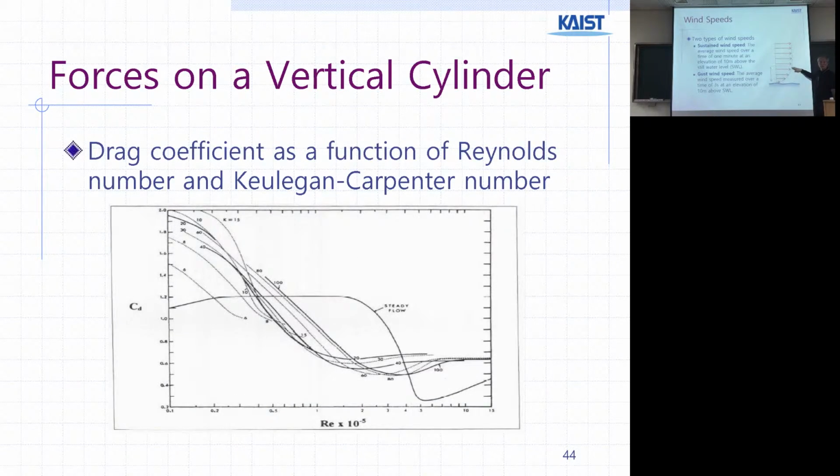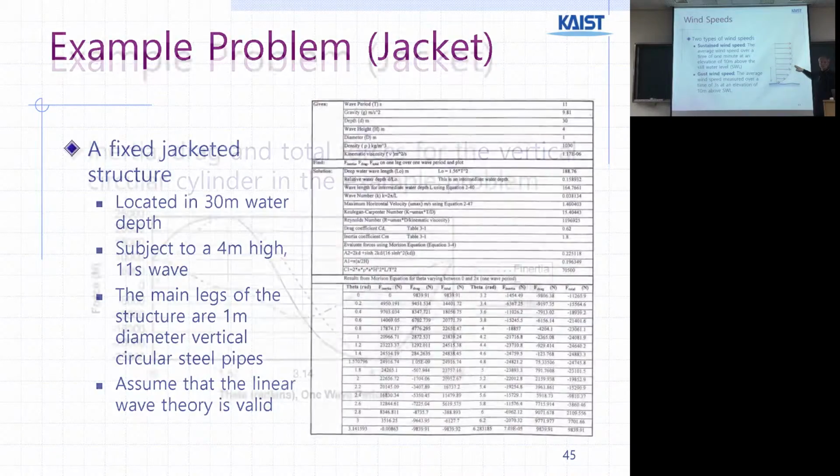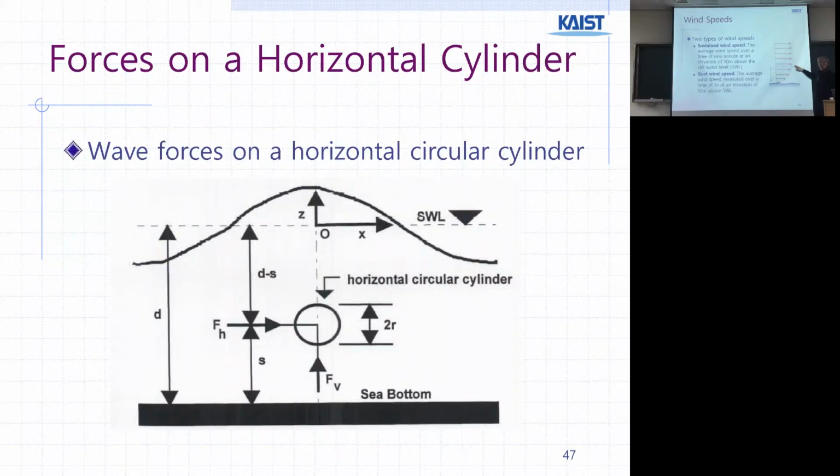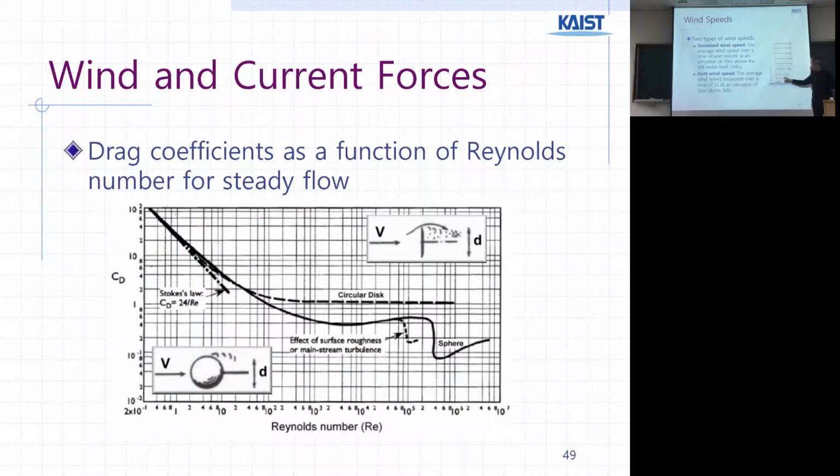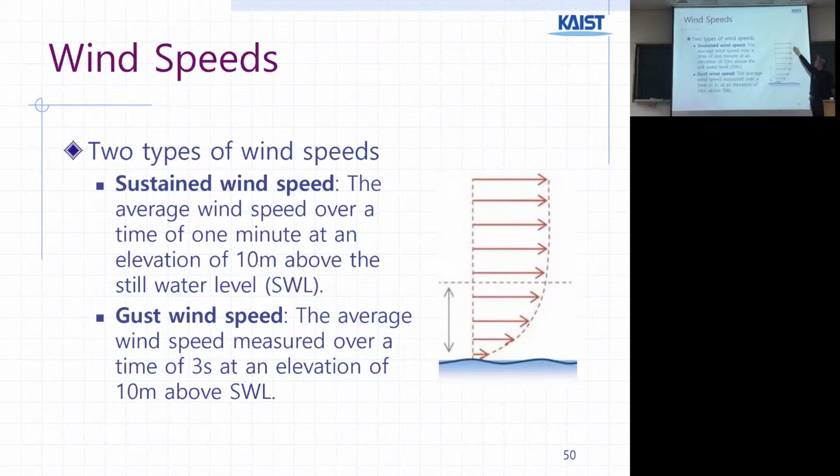How do you call this one? Layer here. Can anybody answer this? Why is the wind lower here than the full speed? Boundary layer. Same as any fluid, it has a boundary.